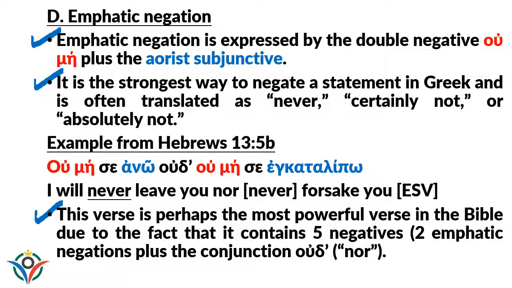So 2 emphatic negations. The first one is ou me anO, and the second emphatic negation is ou me egkatalipO. And we also have the negative conjunction in the midst there, oude. So 5 negatives expressed in this one clause, and just reminding us that God will not leave us nor forsake us. A real encouragement to ponder.